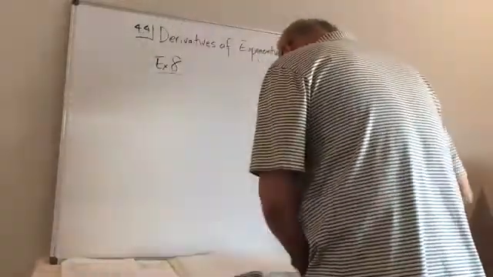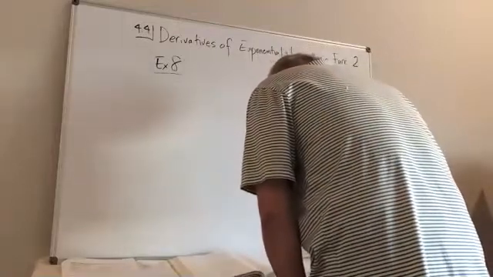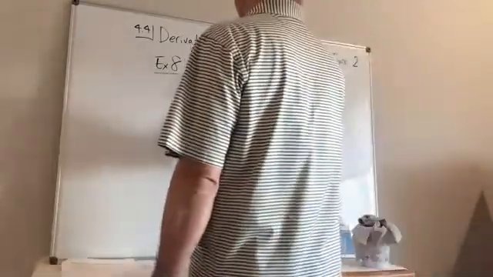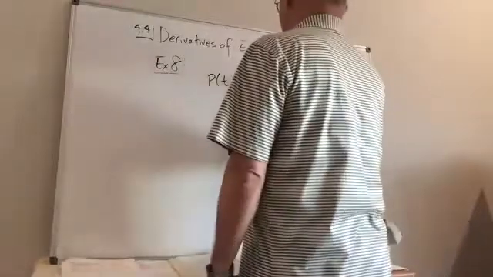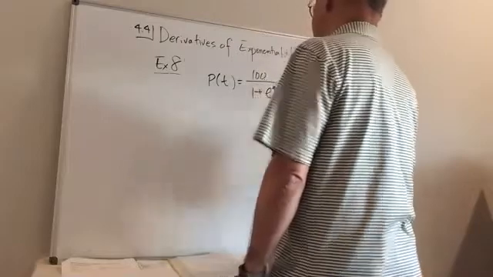Example number 8 says, the spread of a flu in a certain school is modeled by the equation P of t is equal to 100 over 1 plus e to the 3 minus t.